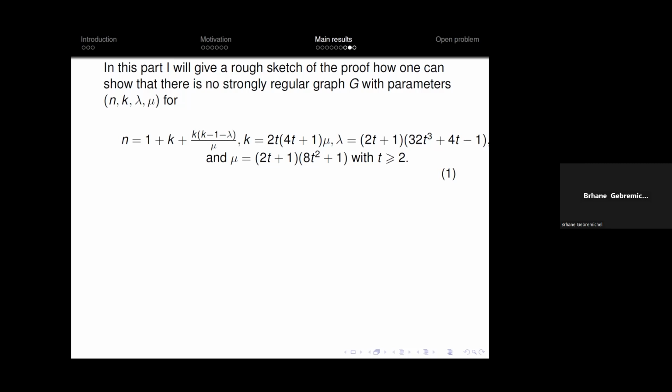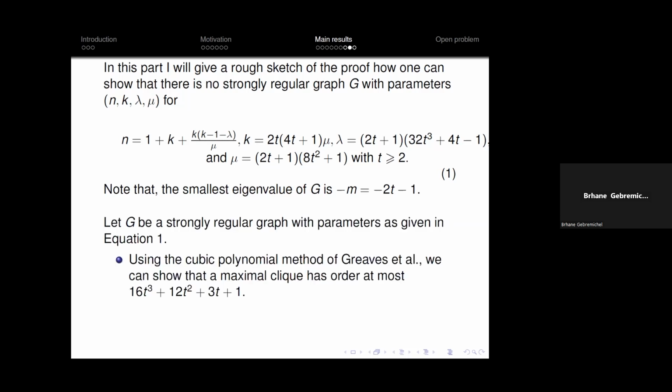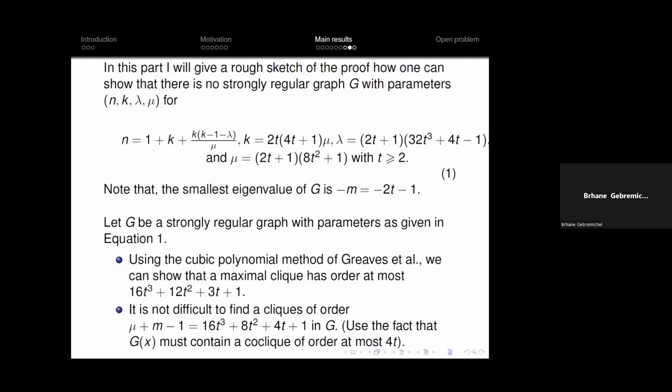When t is equal to 1, it is already known. So note that the smallest eigenvalue of this graph is -t(t-1). If you have a graph with these parameters, using the cubic polynomial by Greaves, Koolen, and Park, we can show that the maximum clique has order at most 16t³ + 12t² + t + 1.